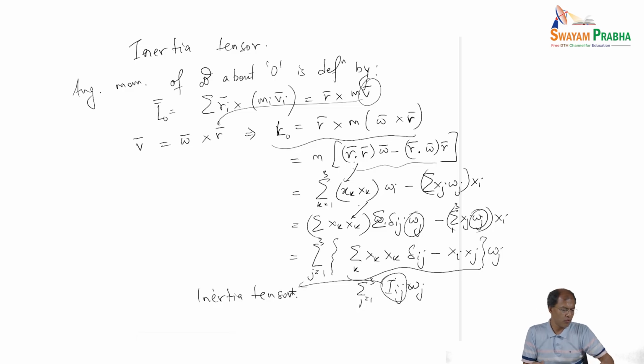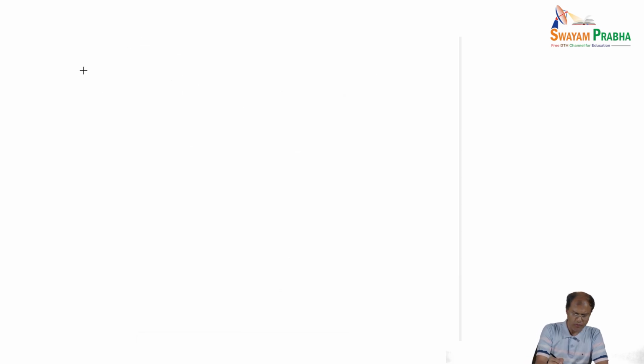Now I want to show where our moment of inertia is. It turns out that the moments of inertia are all the diagonal elements of this inertia tensor. So let us look at some quantities out of this. For example, our angular momentum L naught is given by summation Ij omega j. This is I dot omega.